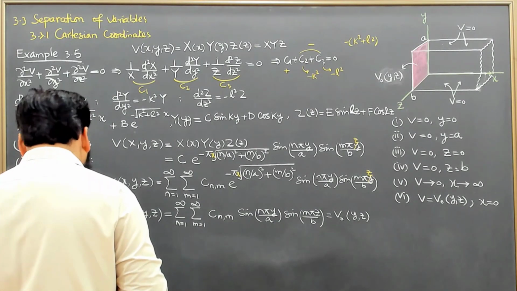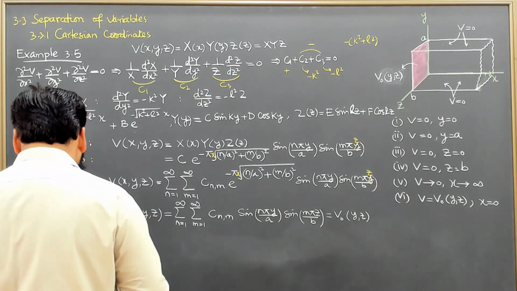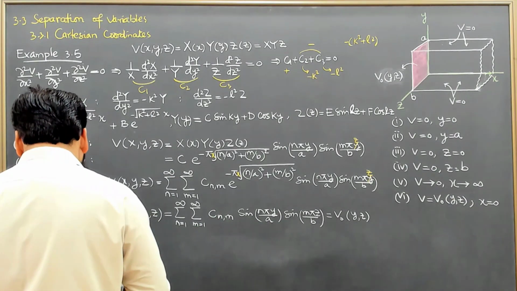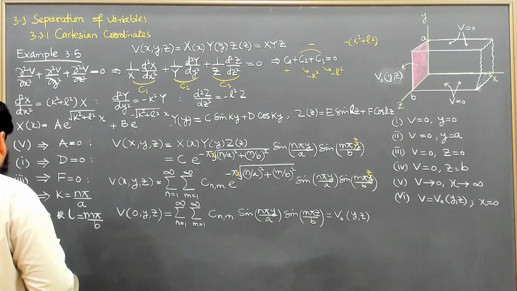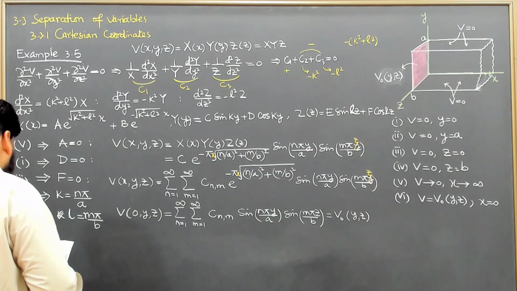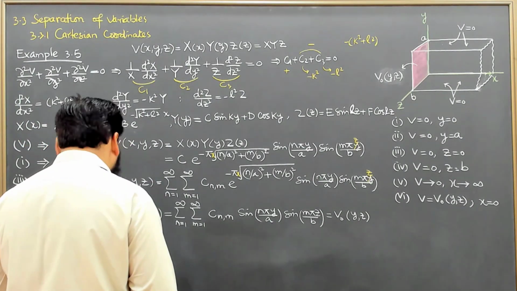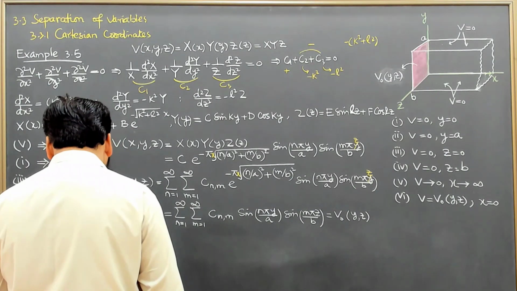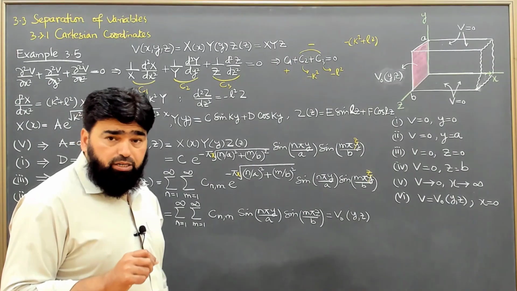So first let me keep this thing over here, and we say that to determine this constant we multiply by sine n prime pi y over a and sine m prime pi z over b, where n prime and m prime are arbitrary positive integers, and integrate as we have done earlier.